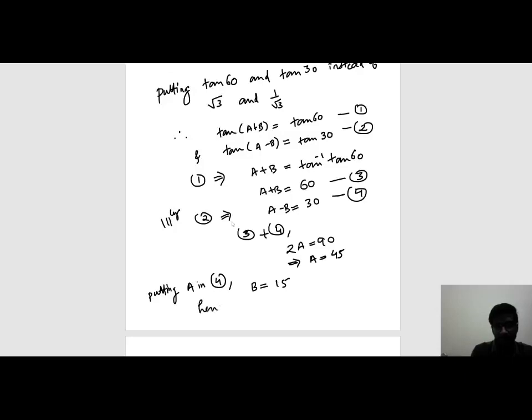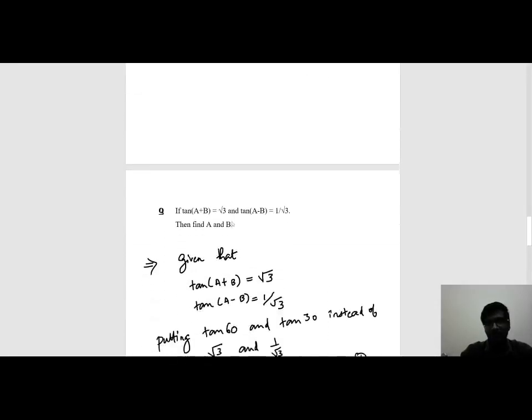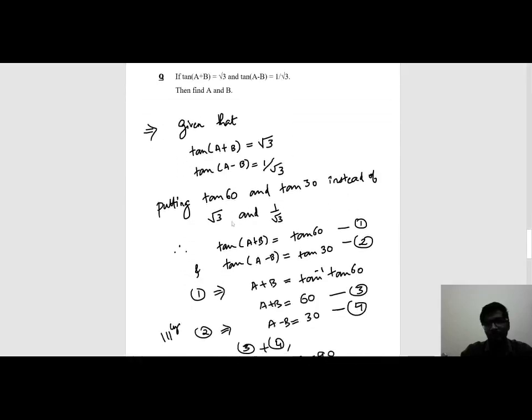Hence, value of a is equal to 45 and b is equal to 15. Okay, I hope this is clear to you. What we did is, instead of just that root 3 and 1 by root 3, we substituted the value of tan. That's it.